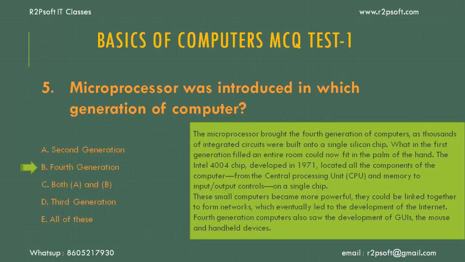They could be linked together to form networks, which eventually led to the development of the Internet. Fourth generation computers also saw the development of GUI, graphical user interface, the mouse and handheld devices.